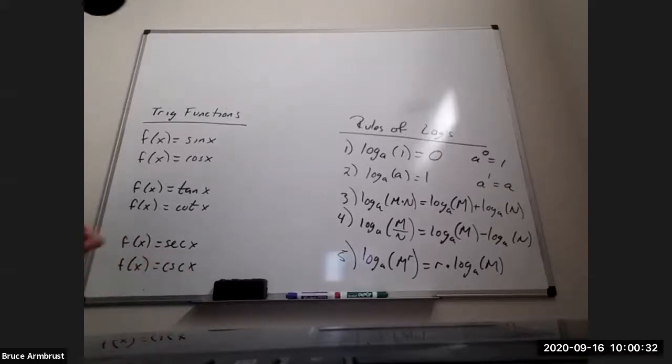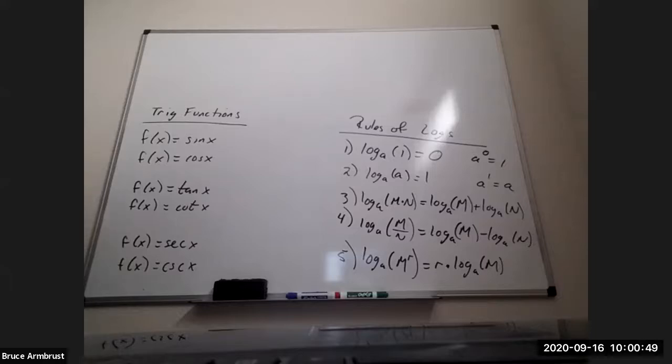So depending upon who taught you trig, where you saw it, you can either develop these by looking at sides of triangles. You may remember things like SOHCAHTOA. It's ratios of sides of a triangle.